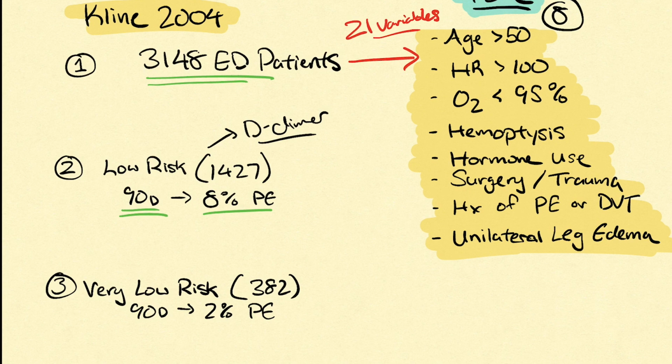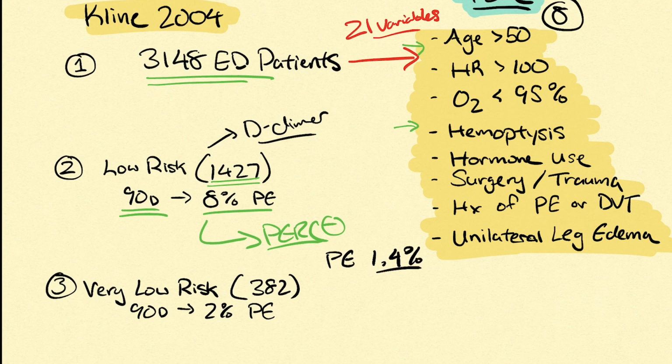And all of this, they then took the PERC rule, right? So they said, let's stratify all these 1,000 patients and look at people who were PERC negative, as in you had none of these features here, right? So that new population ultimately had a rate of PEs of 1.4%, right?